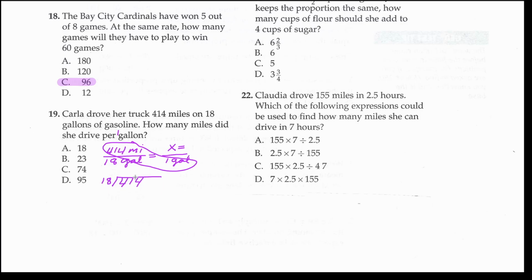Now 18 goes into 41 is how many times? 2 times. Because 2 times 18 you get 36. If you subtract 36 from 41, you have 5. Then bring down the 4. Now you have 54 left. Ask yourself again, how many 18s are there in 54?